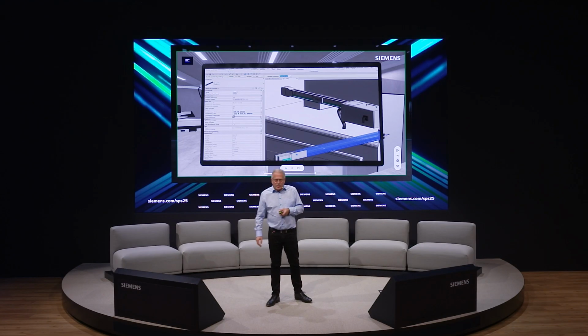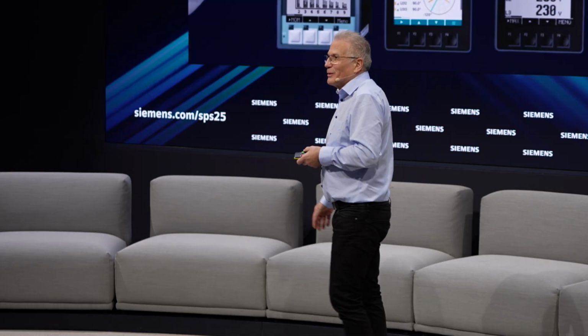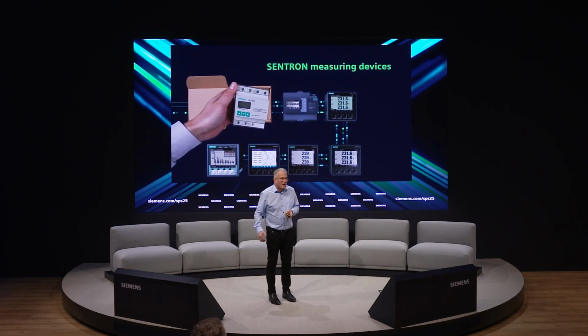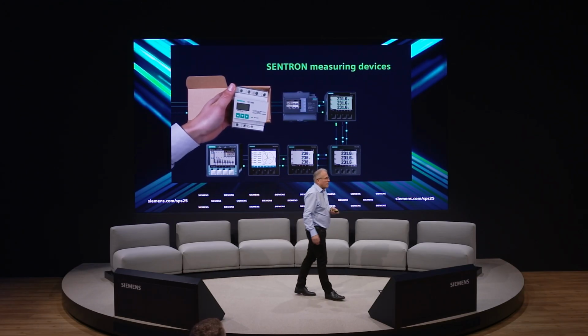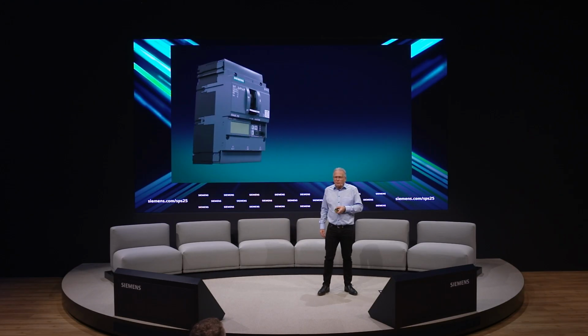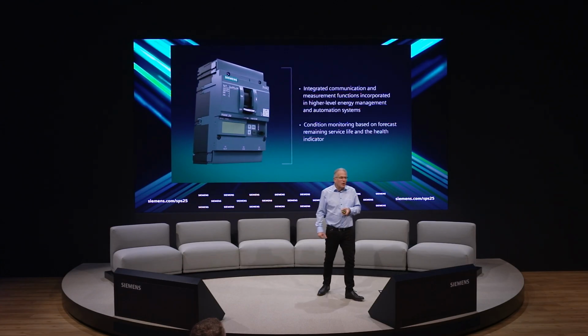So in the operating phase, we also have the need for more transparency. How much energy does each machine consume? Or why is the consumption of energy suddenly increasing? Just measure it with the help of the Sentron measuring devices, the Sentron PAC devices, for instance, or you are using the 3VA2 circuit breaker.